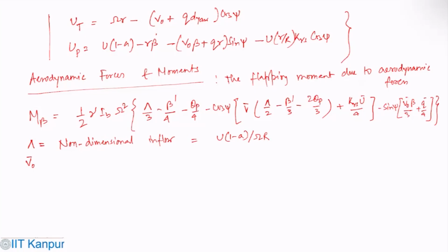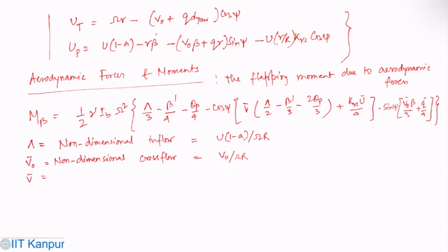V naught bar is the non-dimensional cross flow, which is V naught by omega r.